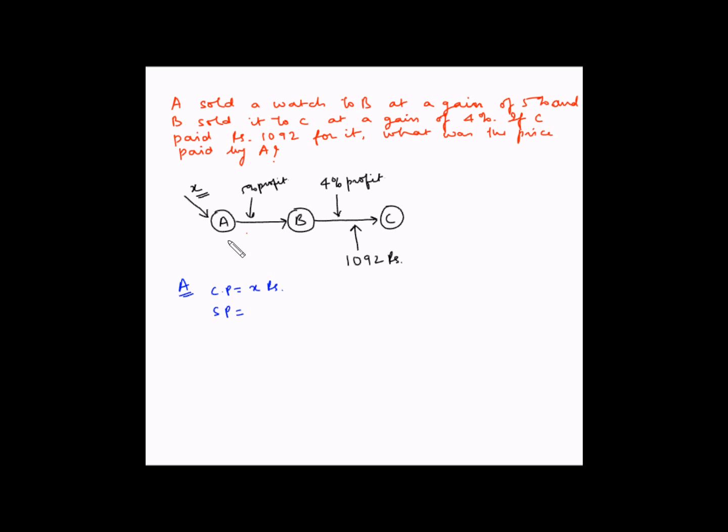So for A, the cost price is equal to X rupees and the selling price is equal to, so A sold it at a profit of 5%.